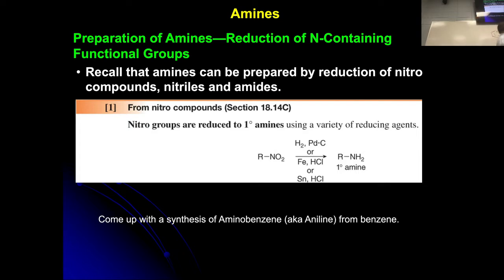I've now made my carbon-nitrogen bond. Now all I've got to do is convert it to the amino group, and I can use nails and HCl. Just iron and HCl, that's what I need to get there. Okay? So it's a step-by-step process.